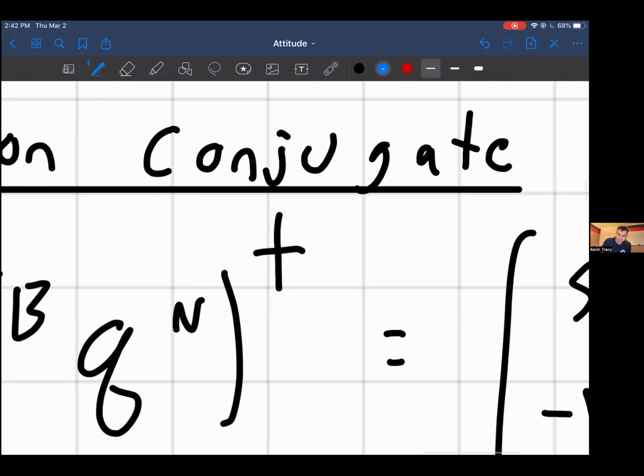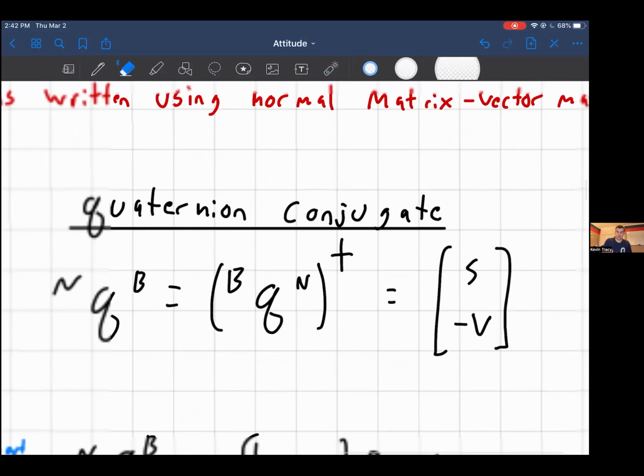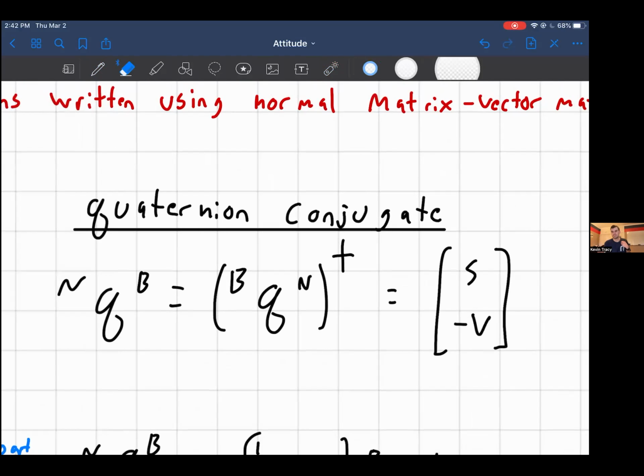Sometimes it literally looks like a dagger, like in LaTeX, dagger. A quaternion conjugate is just going to flip the direction of the rotation. It does so by flipping the vector component. So what was scalar vector is now scalar negative vector. This is the quaternion conjugate.